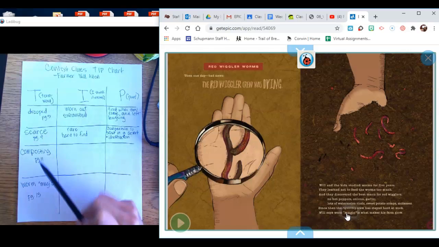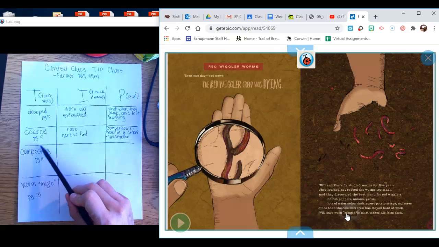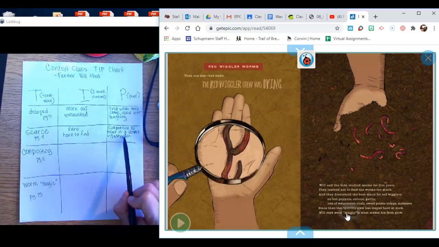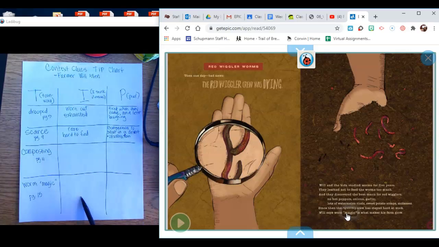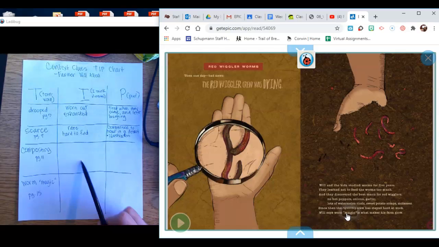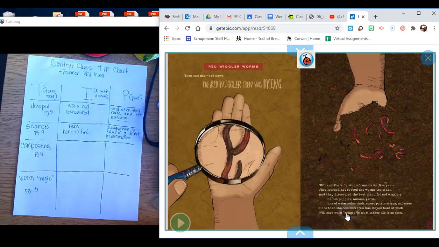The second question will be, what does the word scarce on page 9 mean? And what is the text evidence? So you have what you think it means and you have your evidence. So these first two we did together. Composting and worm magic you will try on your own, and then on that Google form you can tell me what you think those words mean and what the proof is in the text. So everything will be in there.